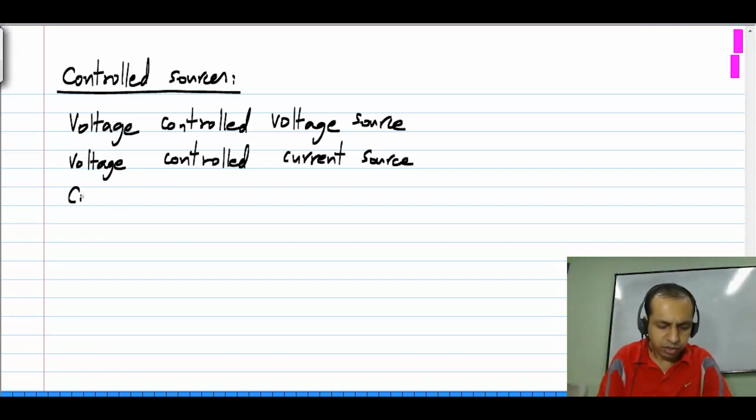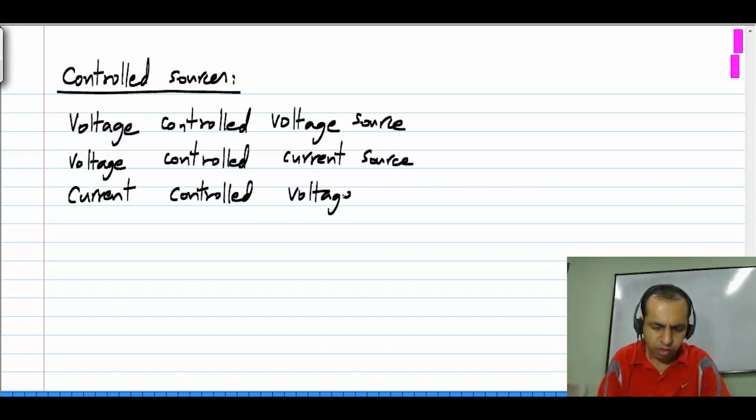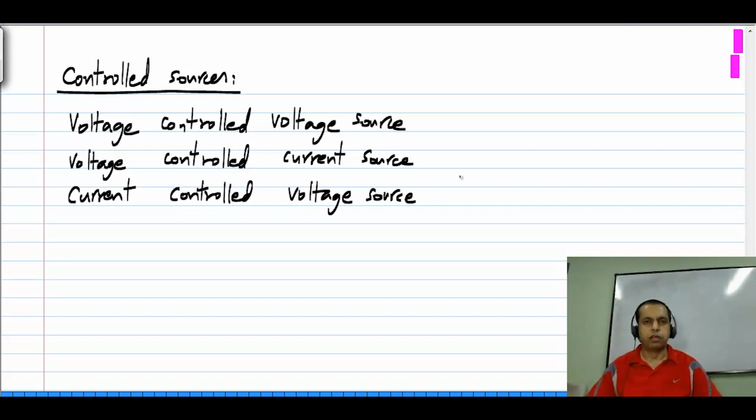And similarly, we can have a current controlled voltage source, where a current flowing in a certain branch, usually assumed to be a short circuit, controls the voltage between a pair of terminals.